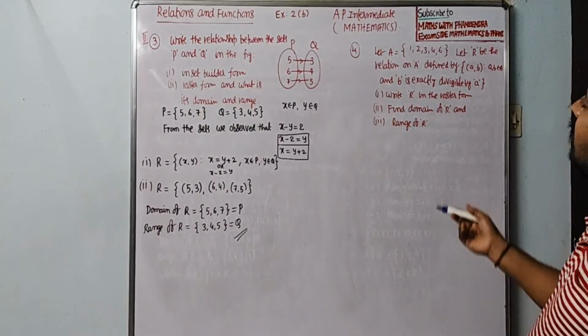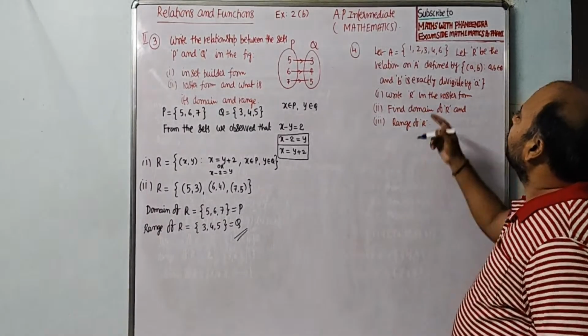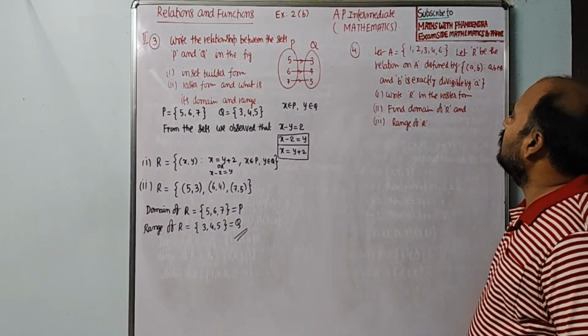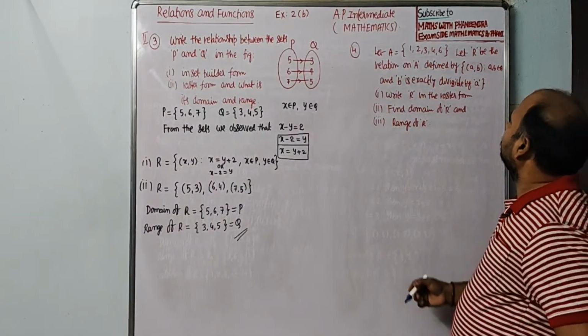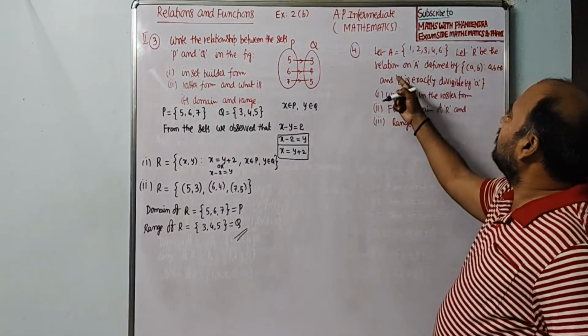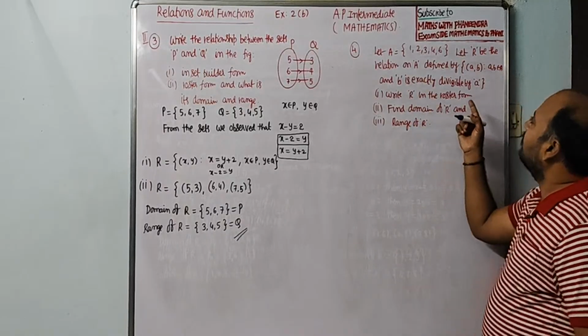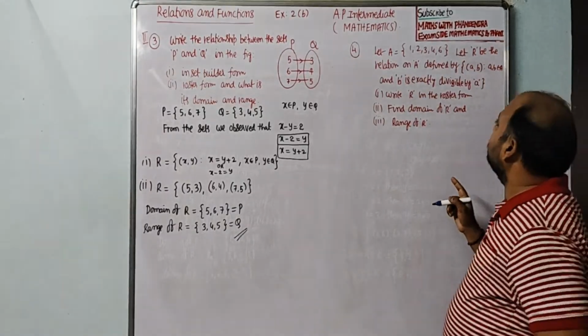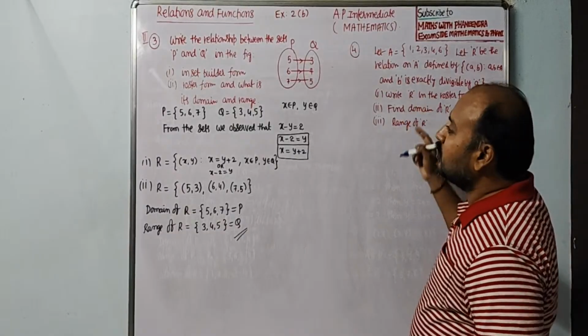Okay. Now come to question number 4. Let A equal to 1, 2, 3, 4, 6. Let R be the relation on A defined by A comma B such that, first, R in the roster form.